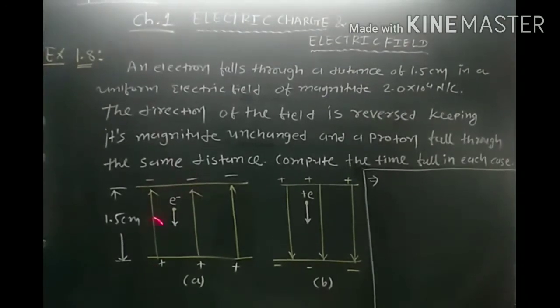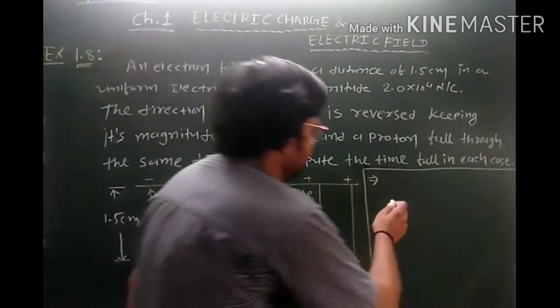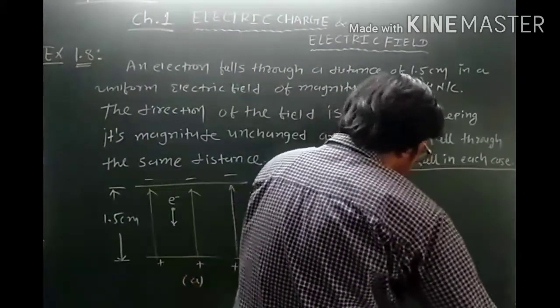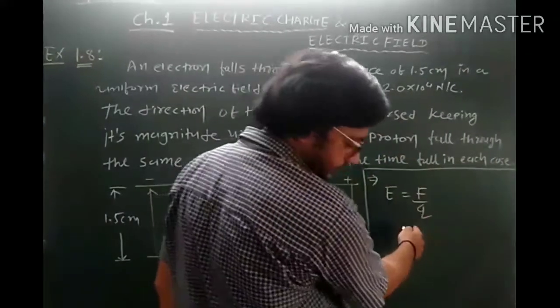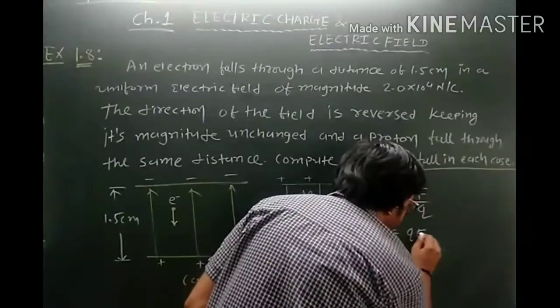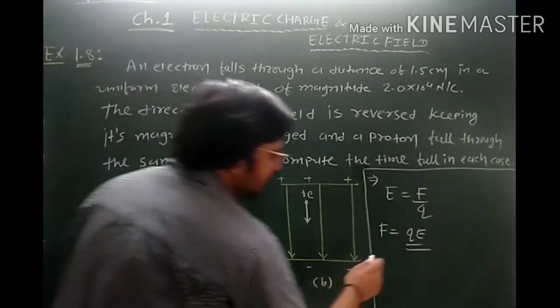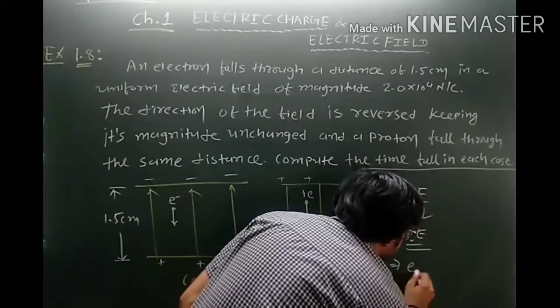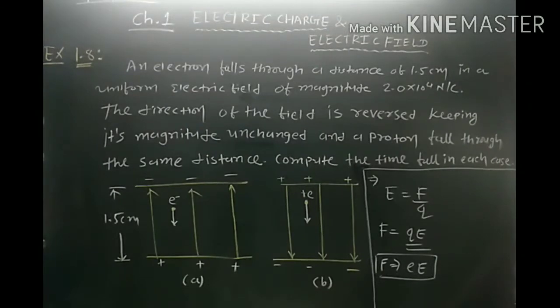Electrons are attracted toward the positive plate, and the magnitude is eE. How does it come? We know that E is equal to F by q, force per unit charge, so F is nothing but qE. Here we have taken the electron, so we can write eE, where E is the magnitude of the electric field.